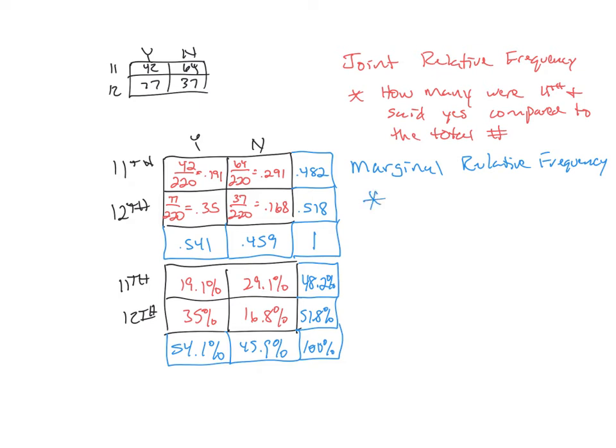So again, just to summarize, marginal relative frequency, you do add the rows and columns. Okay.